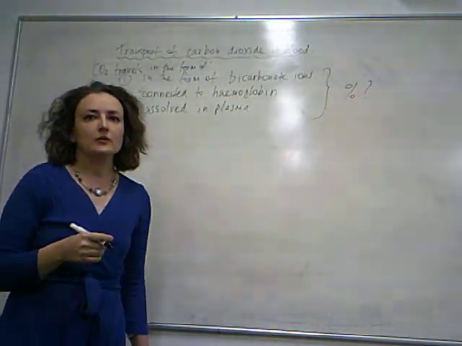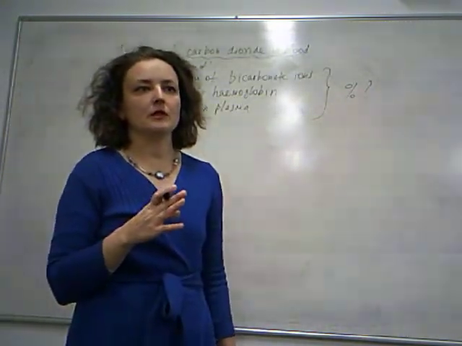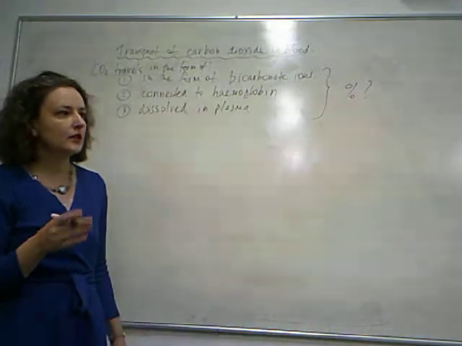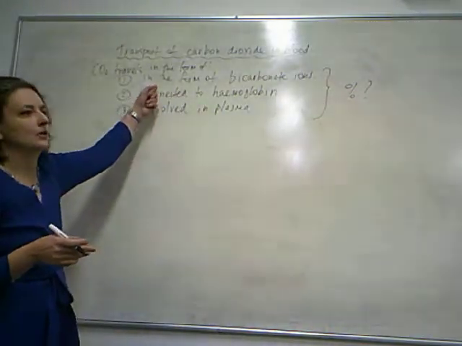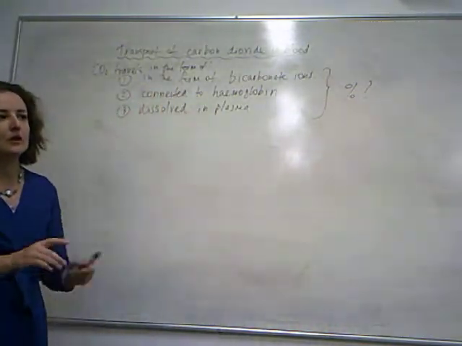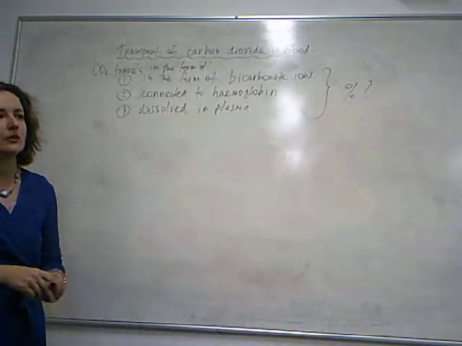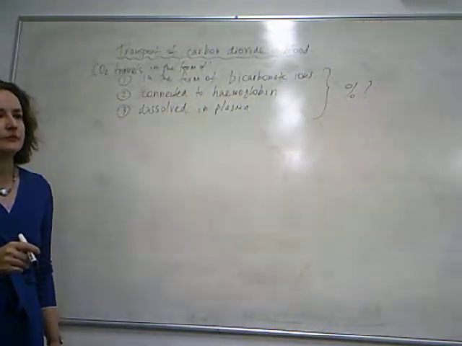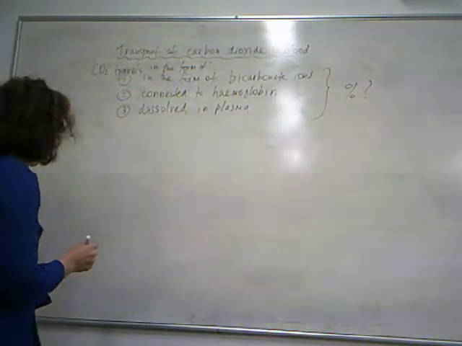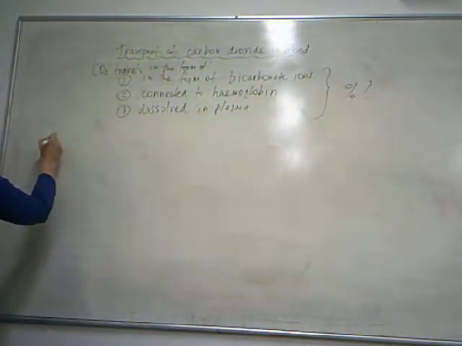Okay. And then we're going to discuss each method in a little bit more detail. The trickiest one to understand is that first one, because that's the one which involves a bit of chemistry. Okay. So let's talk about this first way, the first one.